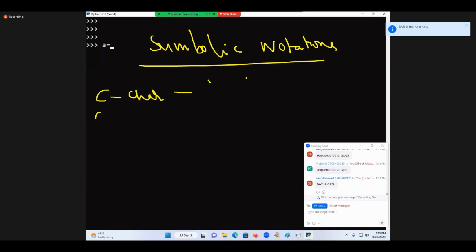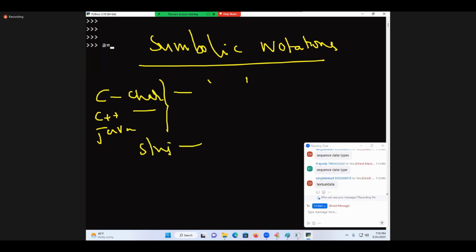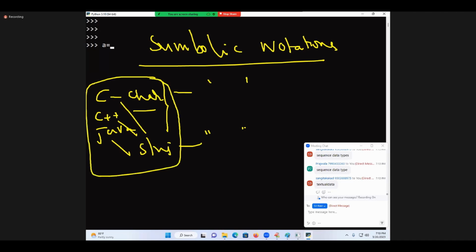In C language, C++, Java, to store char data they are using single quotes. And to store string data, they are using double quotes. In which languages? C, C++, Java. Single quote is for char, double quotes is for string, in C and C++.